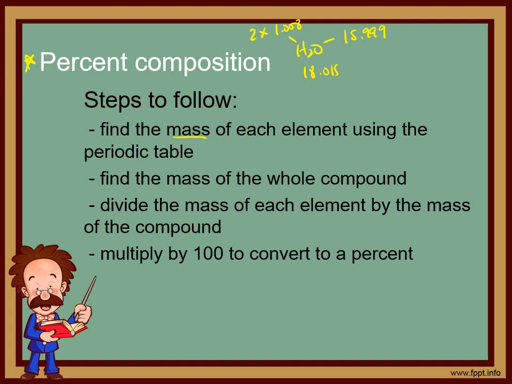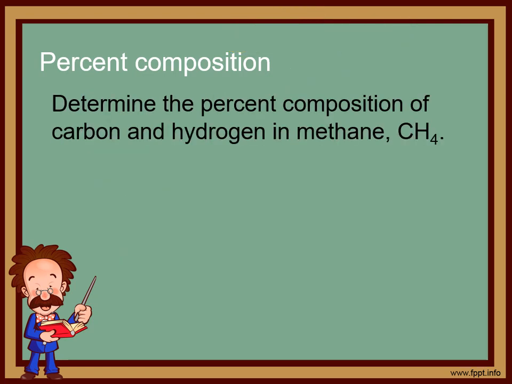We divided the mass of each element, 2 times 1.008 divided by 18.015. We did the same thing for oxygen, 15.999 divided by 18.015. Divide the mass of each element by the mass of the whole compound, and then multiply by 100 to convert to a percent. Good? Do this one on your own in the Edpuzzle.